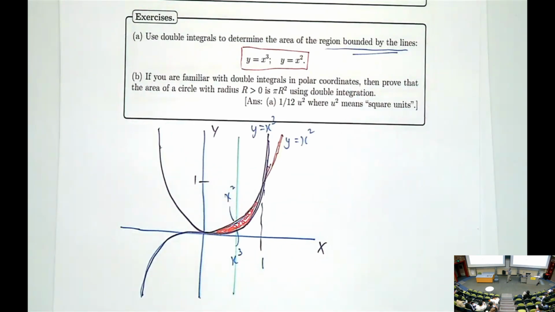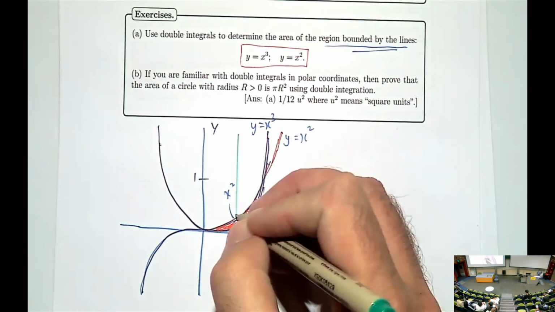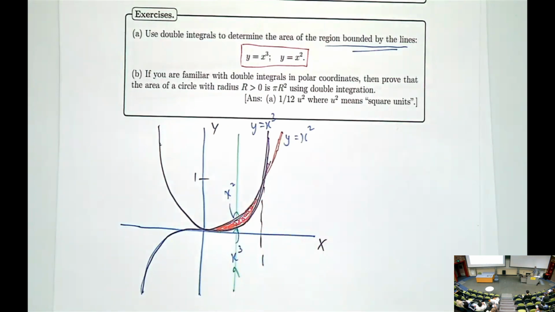And I want to see as we go from the bottom to the top, where do we enter our region and where do we leave our region? What are our functions going to be? What's y going to be between? It's going to be bigger than x cubed and less than x squared. Exactly. I can tell you're getting it.